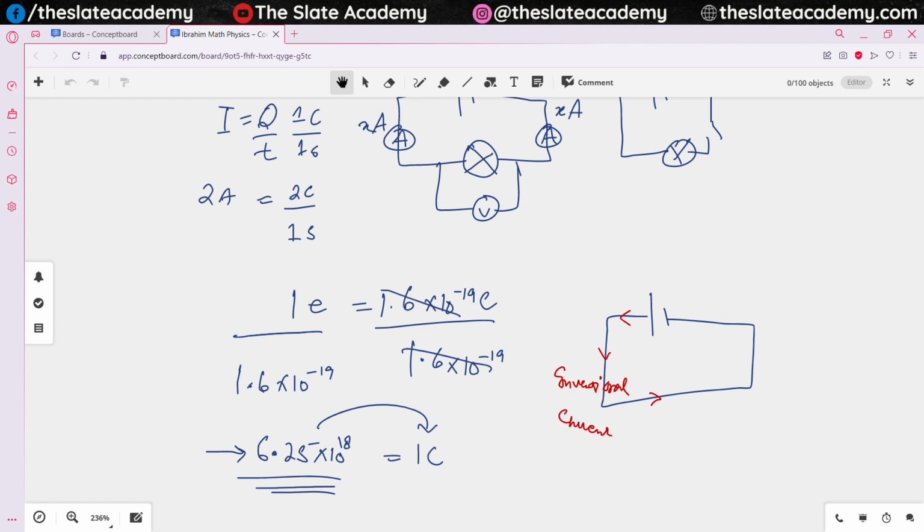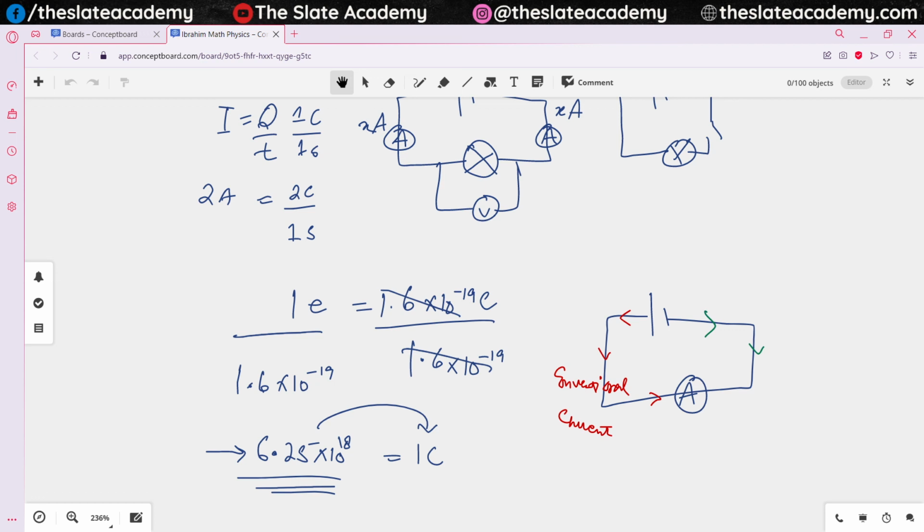If you are asked to draw the direction of conventional current, it would be positive to negative.